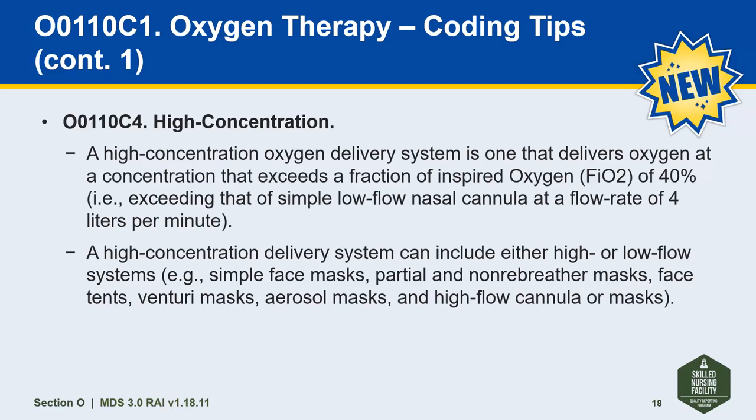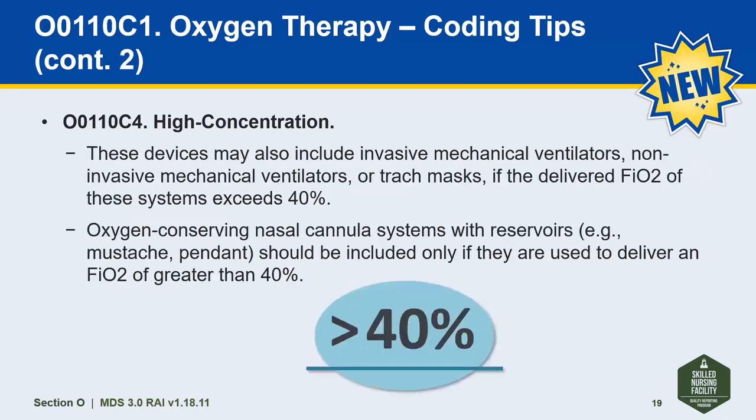A high concentration delivery system can include either high or low flow systems, such as simple masks, partial or non-rebreather masks, face tents, Venturi masks, aerosol masks, and high flow cannula or masks. And here's one other new coding tip for high concentration.